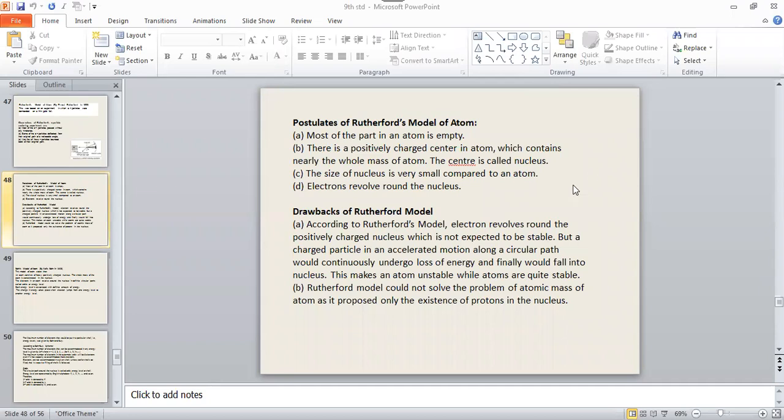So electrons, these are the charged particles, are revolving around the nucleus, as given in the first statement. Then the Rutherford model could not solve the problem of atomic mass of the atom proposed by the existence of protons in the nucleus.